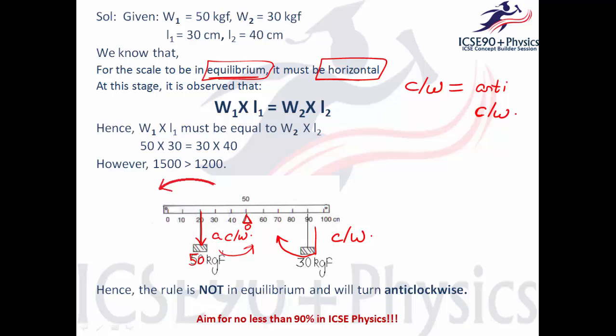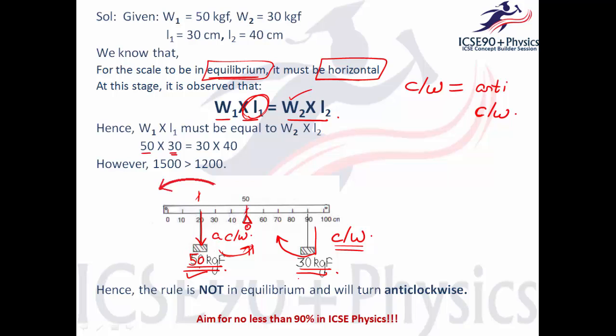So the anti-clockwise moment due to the 50 kgf force must be equal to the clockwise moment due to the 30 kgf force. As a result, we can say W1 into L1 is equal to W2 into L2. W1 we know is 50 kgf. L1 is the perpendicular distance, which is 30 centimeters.